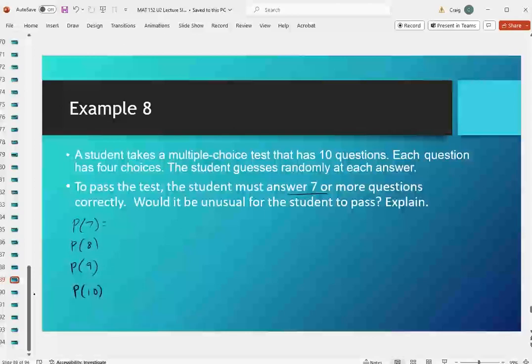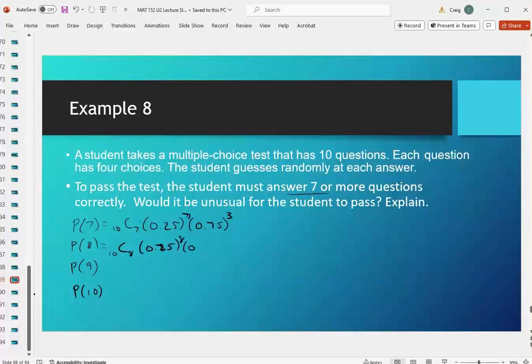Okay. And so that's 10 choose 7. I'm going to write all of these out. Here we get 3 wrong, 7 right. Here then we're going to get 8 right and 2 wrong, and so on.